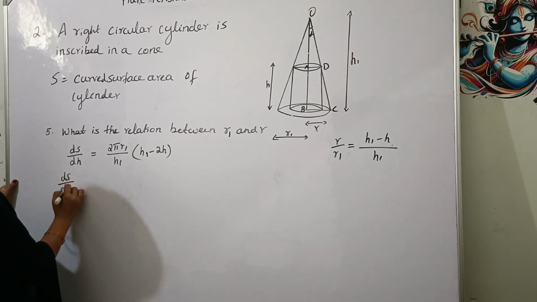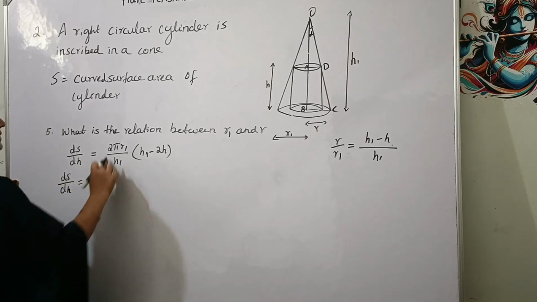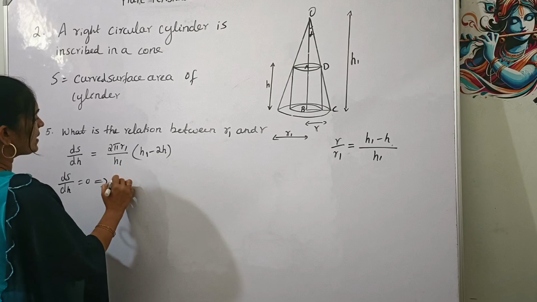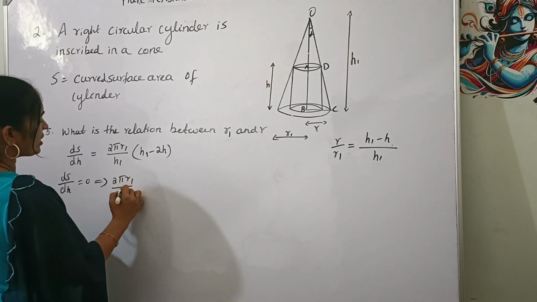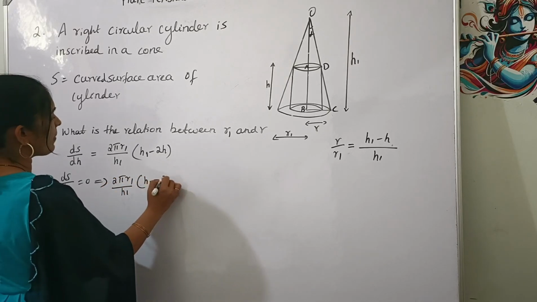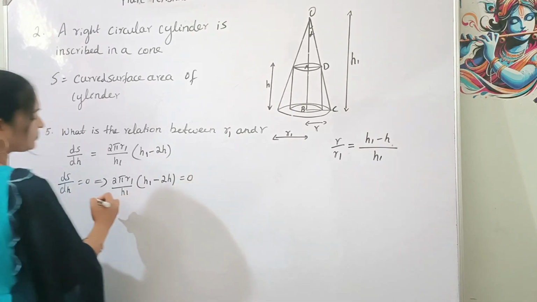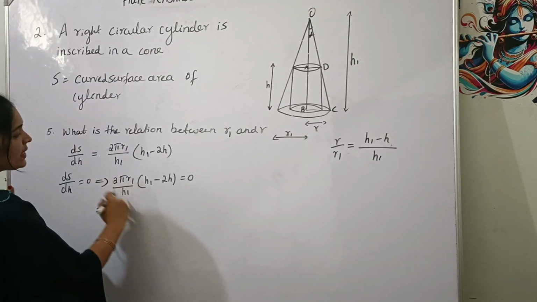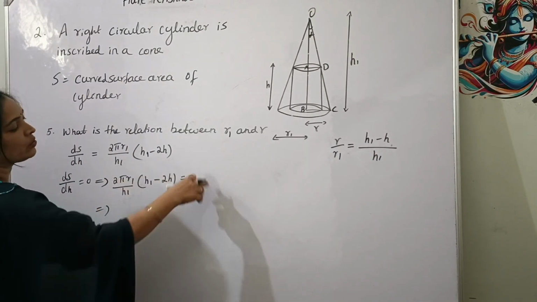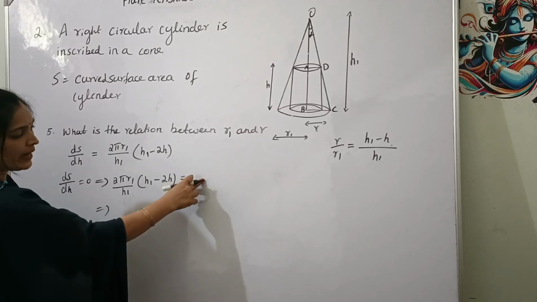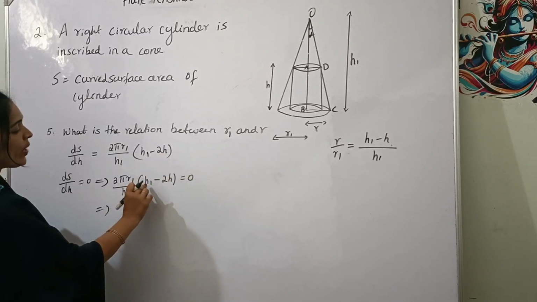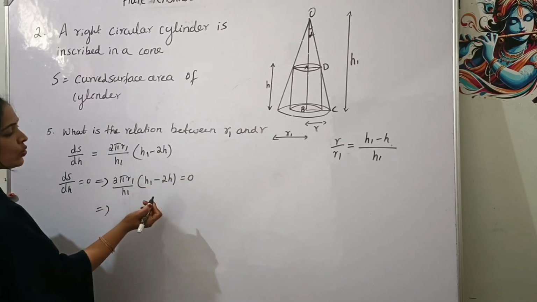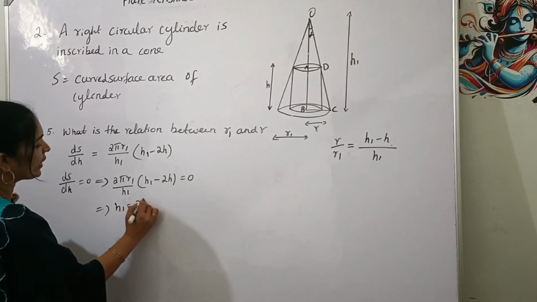That is 2 pi R1 divided by H1 into H1 minus 2H is equal to 0. That implies, the right side will be 0, so H1 minus 2H is equal to 0, that implies H1 is equal to 2H.